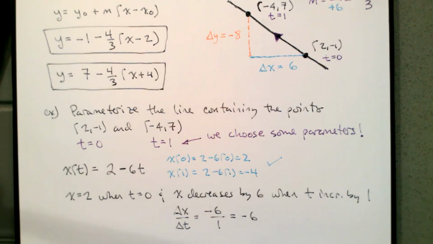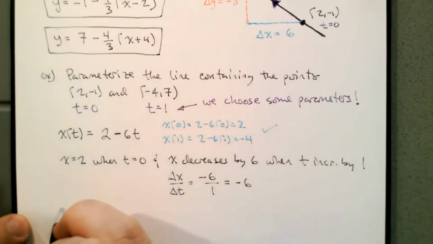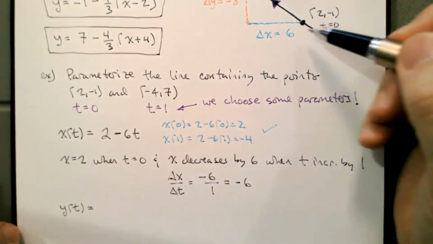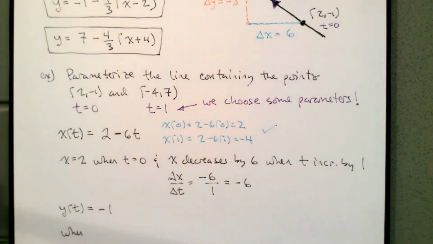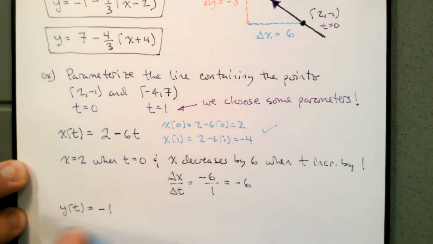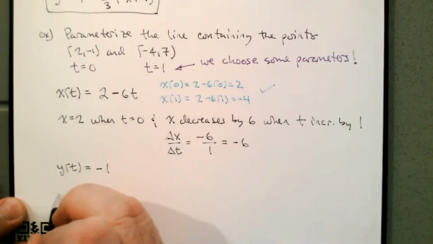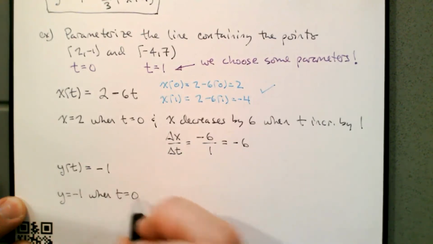Now we'll just come up with a linear function for y with respect to t. So y of t, when t is equal to 0, y is equal to -1. Let's phrase it in the same way: y equals -1 when t is equal to 0.